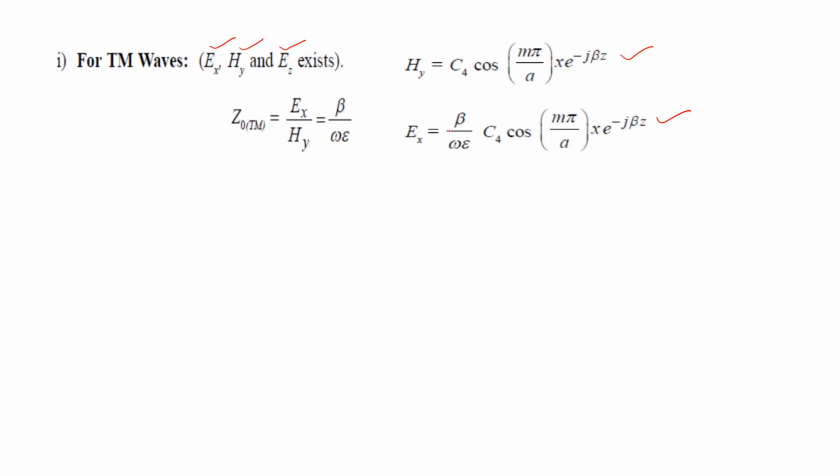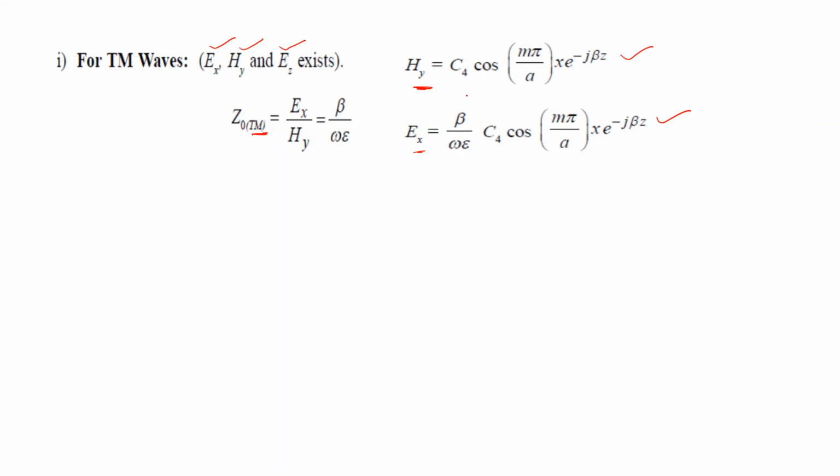Now, as per the definition for characteristic wave impedance, it is the ratio of electric field intensity along the X direction to the magnetic field intensity along the Y direction, Ex by Hy. So, Z0, that is characteristic wave impedance of TM waves, is Ex by Hy.